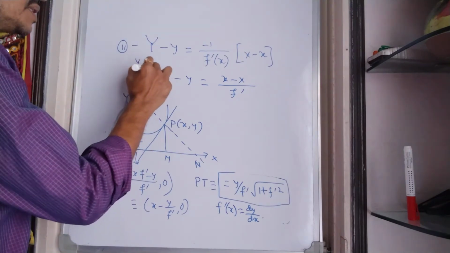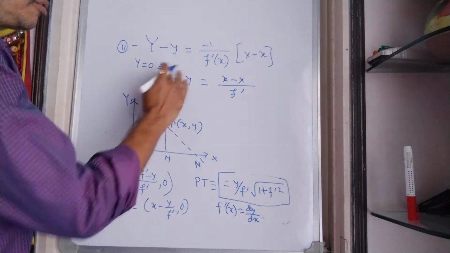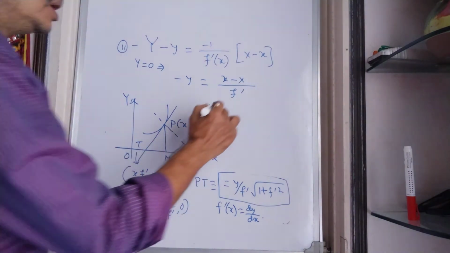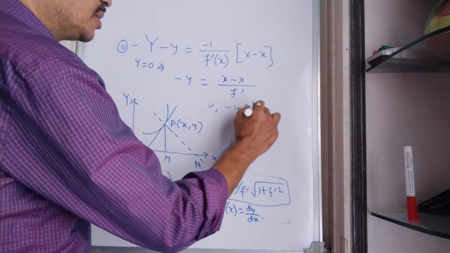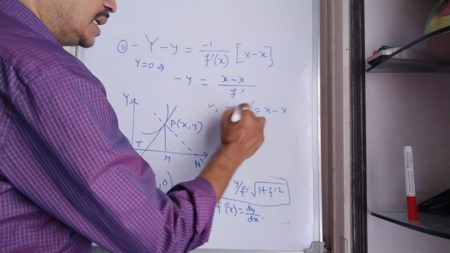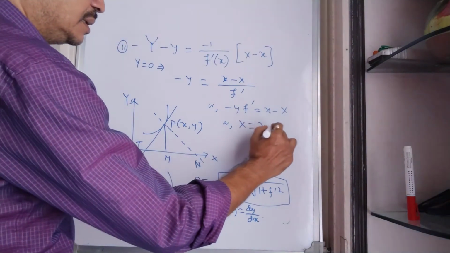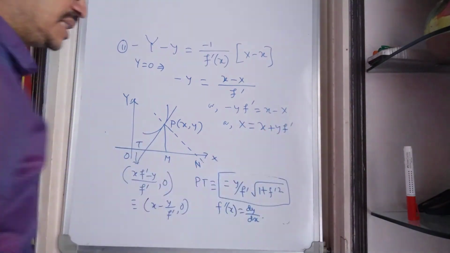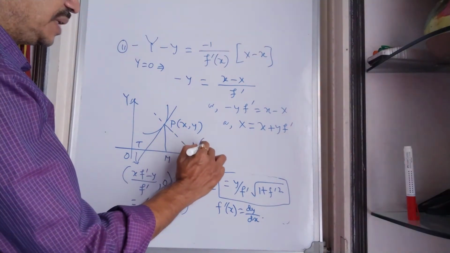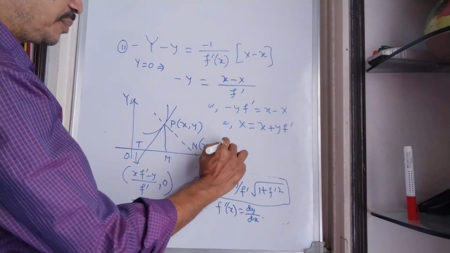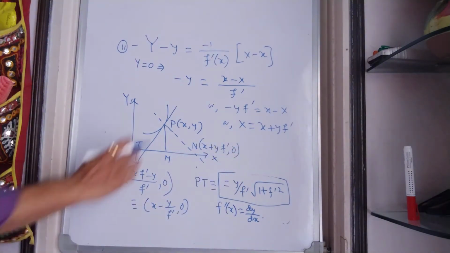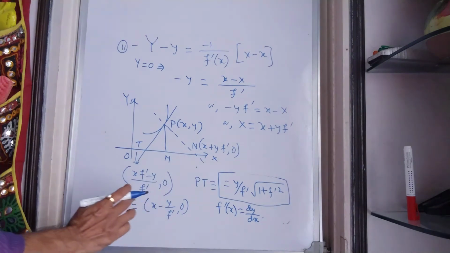From here we can easily find the value of capital X. Minus y f prime is equal to x minus capital X, and if we transpose x to the left hand side and this to the right hand side, it becomes this. So the coordinate of this point N turns out to be (x plus y f prime, 0), isn't it so?